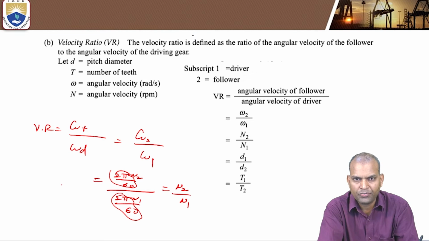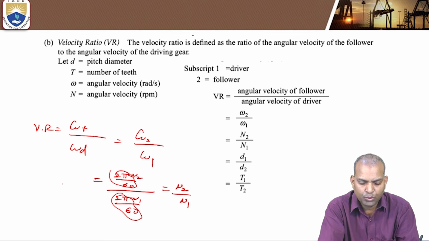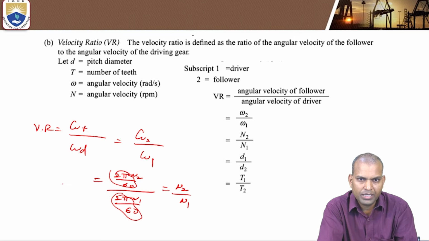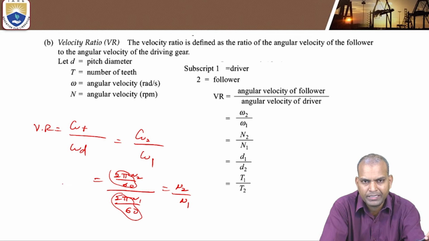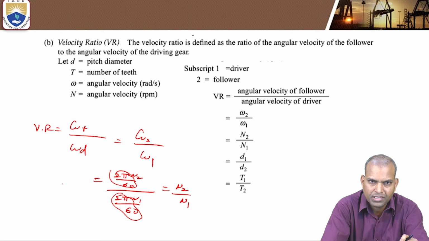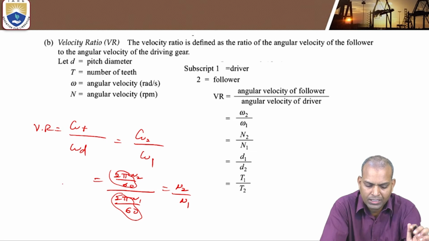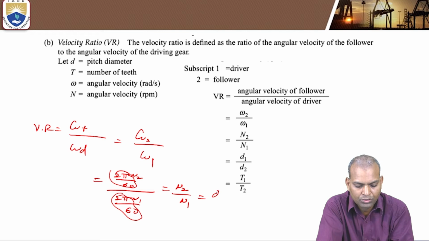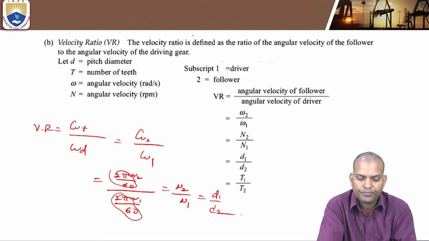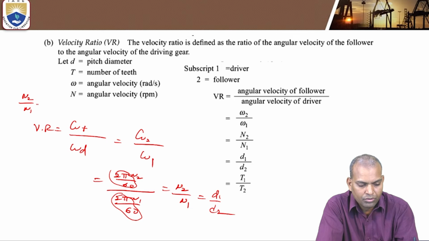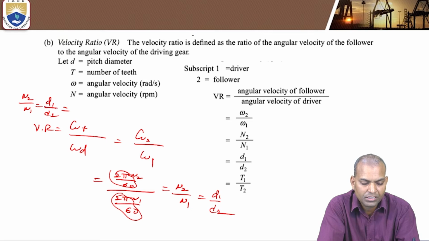According to the ratio we have studied, the speed of the gears is inversely proportional to the radius, or inversely proportional to the diameters. Then n2 by n1 equals d1 by d2, and in terms of number of teeth, that is T1 by T2.